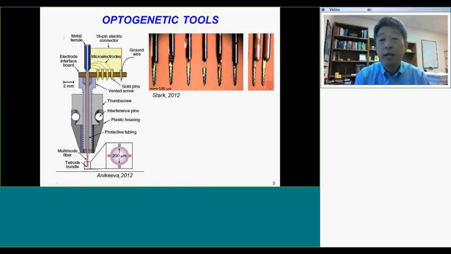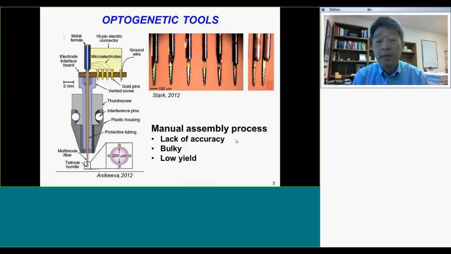As you can see, you can have multiple optical fibers thinned down to 60 to 70 micron attached onto the probe. It has a beautiful result. However, this also has a manual assembly process, lacking accuracy. As you can see, the distal end is not really well aligned, it is bulky, and it has a low yield.